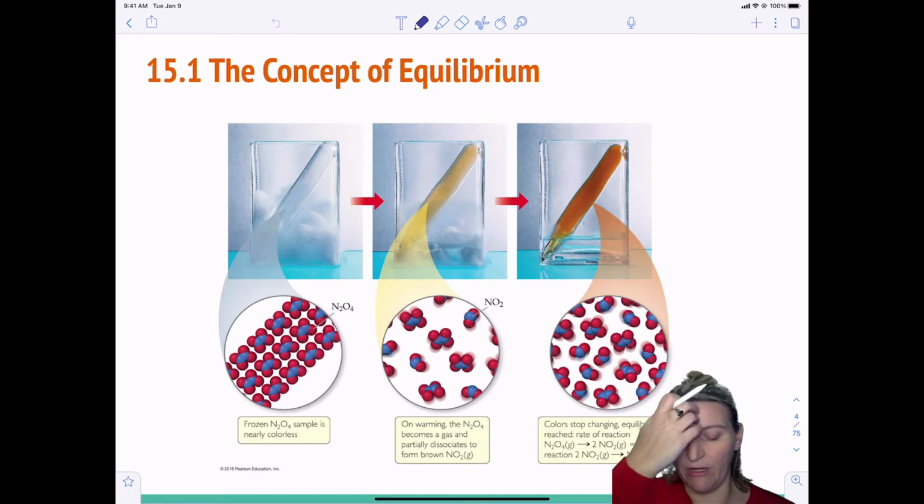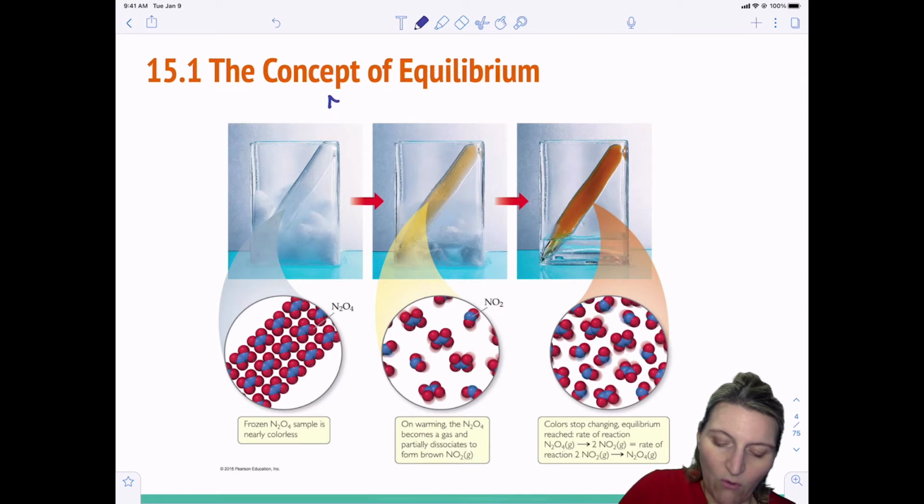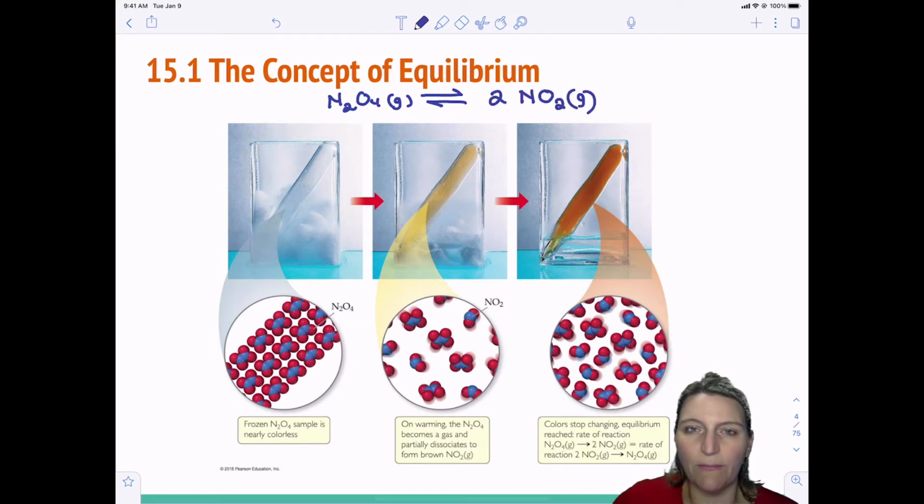So this picture here is just helping us sort of understand this concept of equilibrium. In this first sample, it's a sealed gas tube, we have only N2O4 gas, dinitrogen tetraoxide, and it will just decompose and break down to two nitrogen dioxide gas molecules.